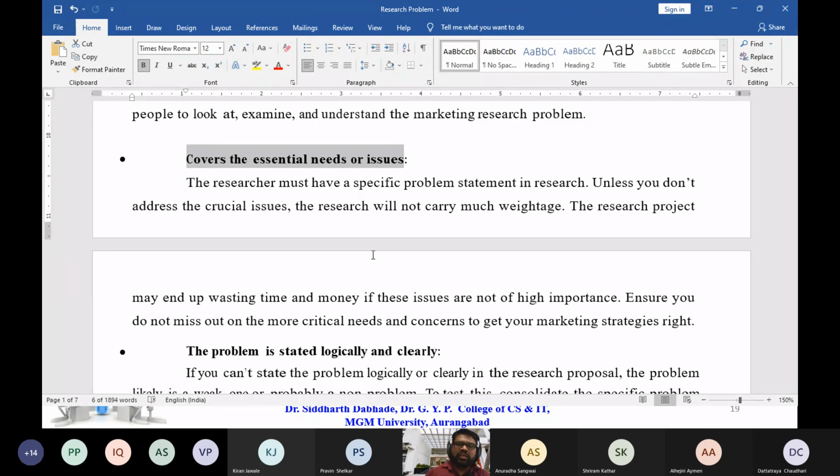So there is a need to do research work in this domain. Why do we require it? Because most of the people have lost their lives because of the COVID-19 virus.